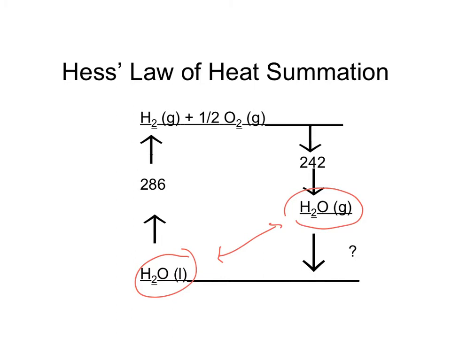So I can calculate it, though, given information in tables for these different processes. So in other words, instead of going directly, which is what this is right here, instead of going directly from liquid water to gas phase water and looking the number up in a table even, there's another way to do it. So there's more than one way to get to the answer.